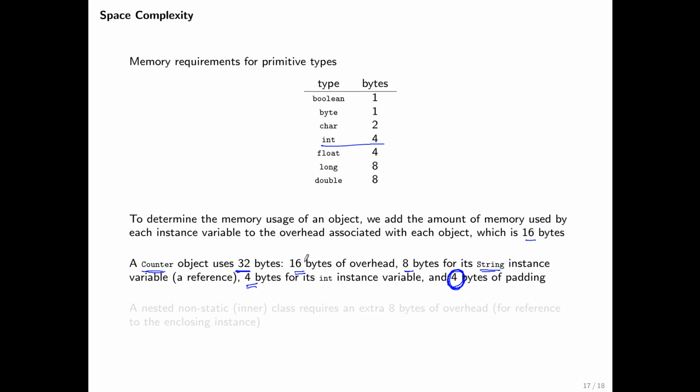So if you have two Counter objects floating around in your program, then what is its memory footprint? It is 2 times 32 because each Counter object is 32 bytes, and that is 64 bytes. Okay.